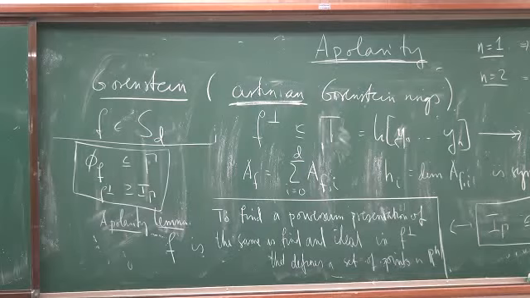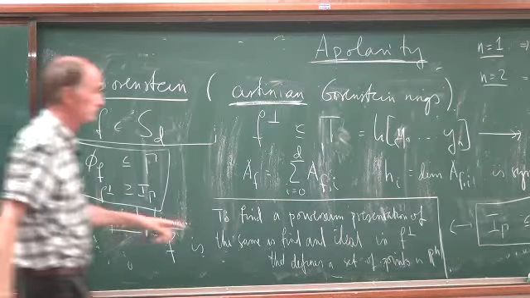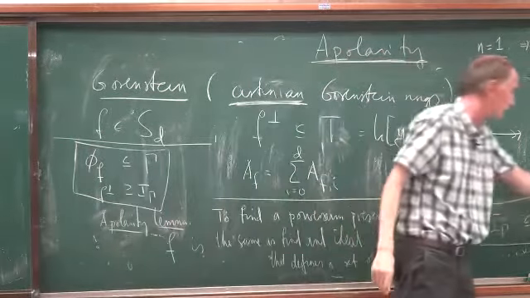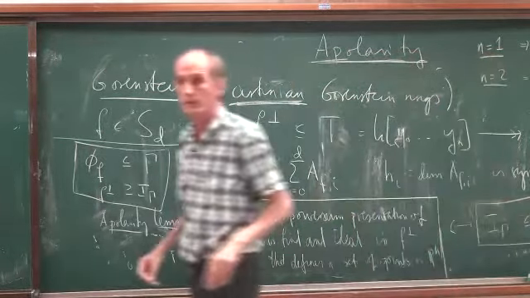They have no common zeros. But now what I'm asking is to find some ideal inside here that does define some points. What is the minimal R such that I can find such an ideal? What is the minimal R?